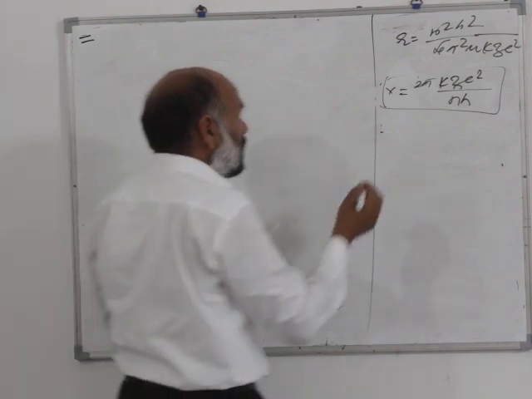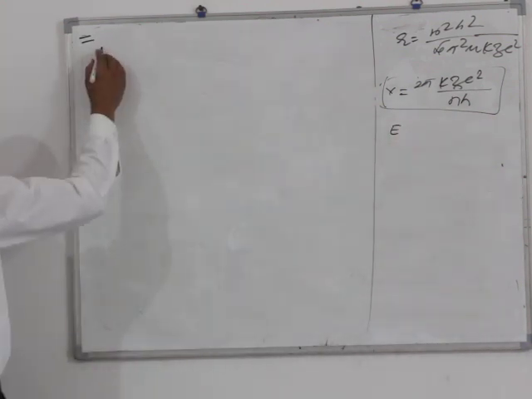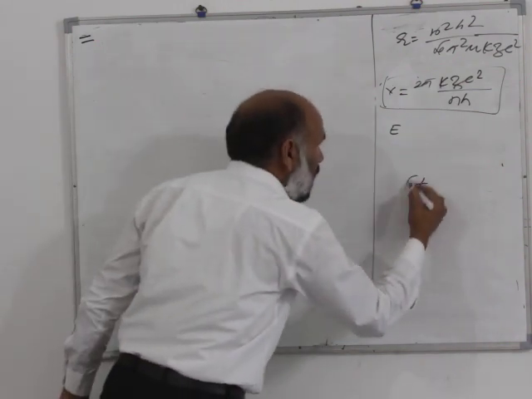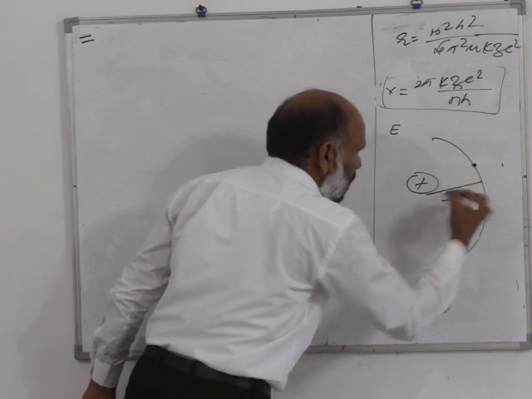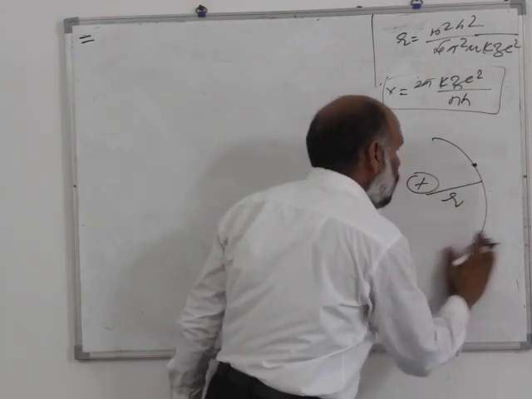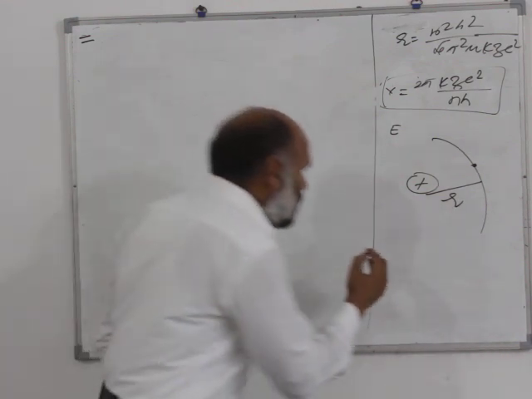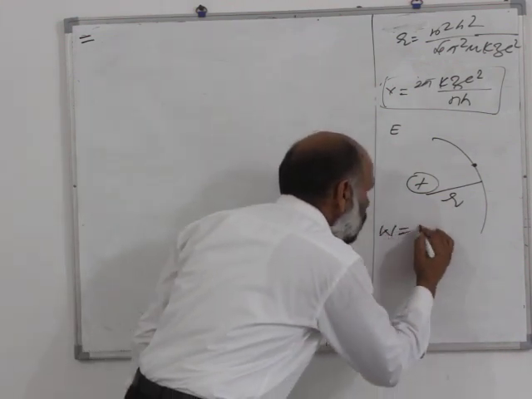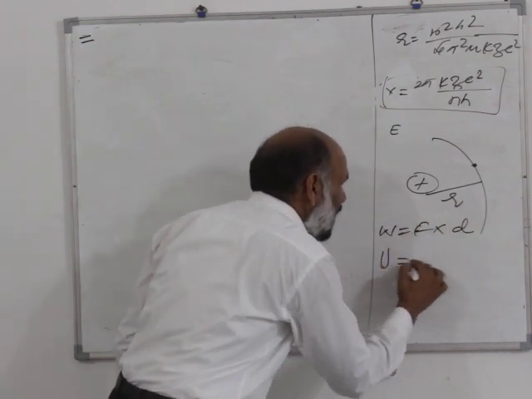Okay, now let us calculate energy. See what happens now. An electron is revolving here, radius of the orbit is r. Now the concept of potential energy you must remember. You can use the knowledge of classical physics, that work done equals force into displacement. Now work done equals potential energy.